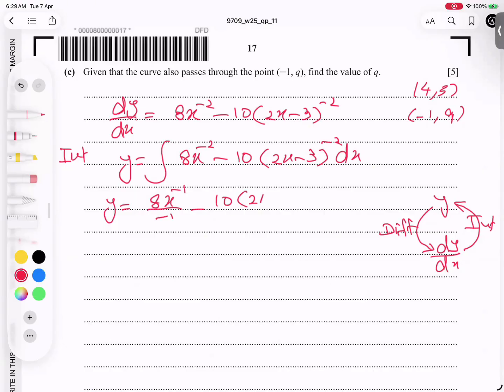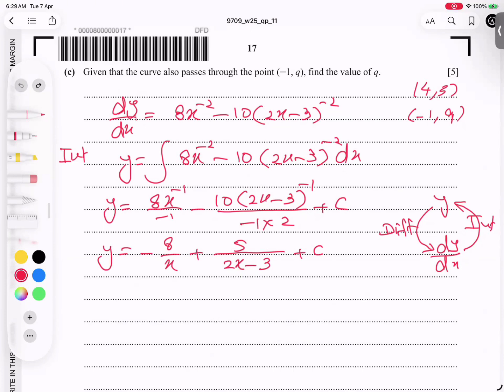And here increase our power by 1, negative 1, and negative 1 into 2. This 2 comes from the base derivative: 3 has 0 and 2x is 2. So that 2 is coming down, and plus c. Simplify, and minus this 5 over 2x minus 3 and plus c.